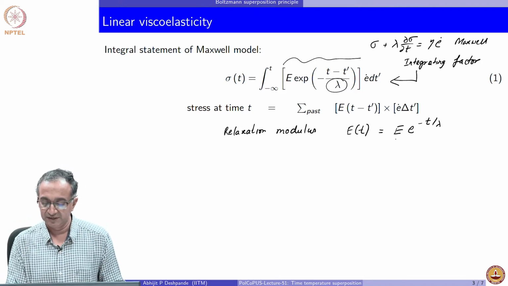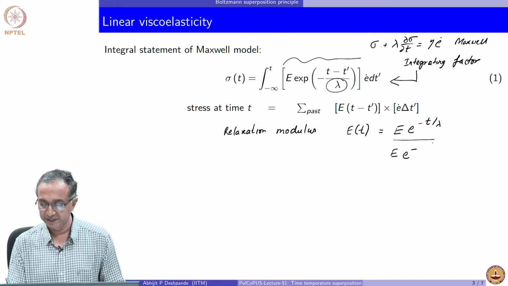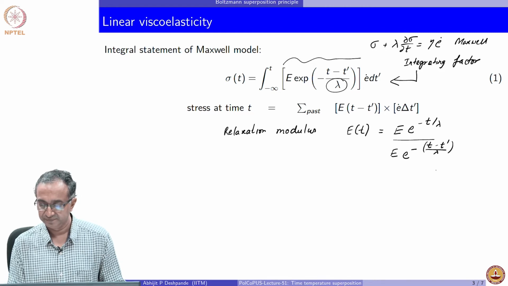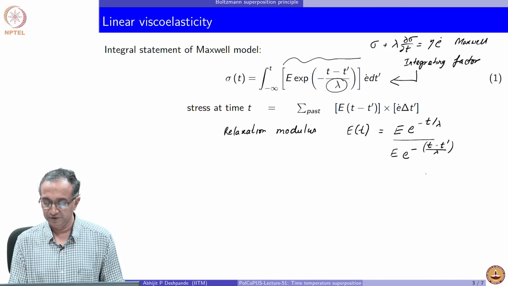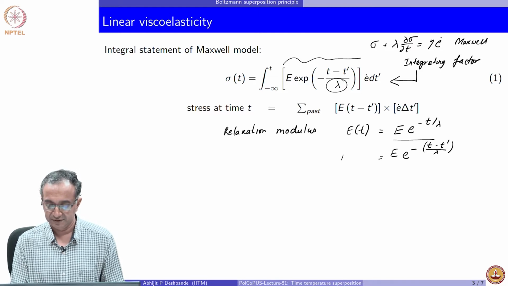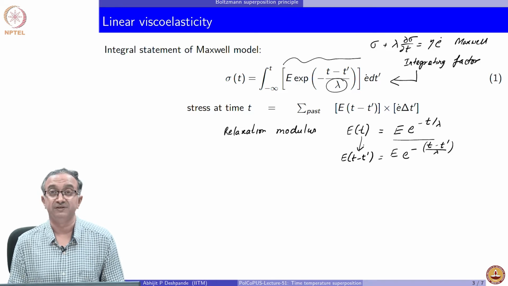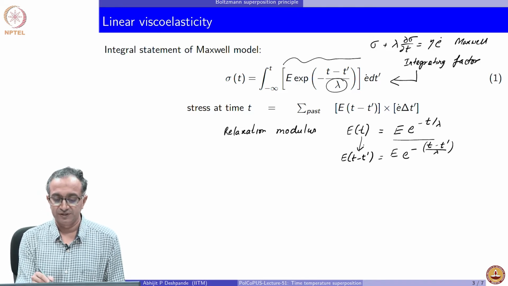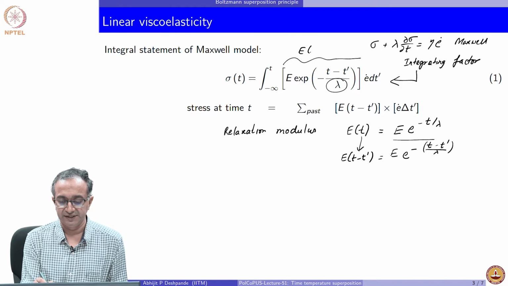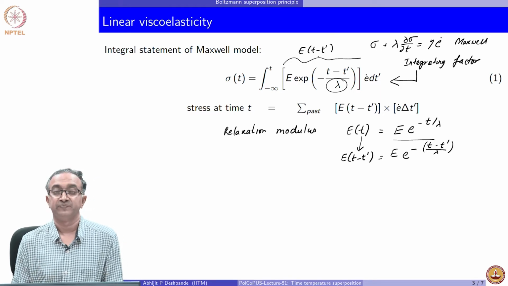And you can see that what is written is e to the power minus t prime divided by lambda. And so, effectively this is E at t minus t prime, because we are just substituting t with t minus t prime. So, this quantity in bracket here is E of t minus t prime.